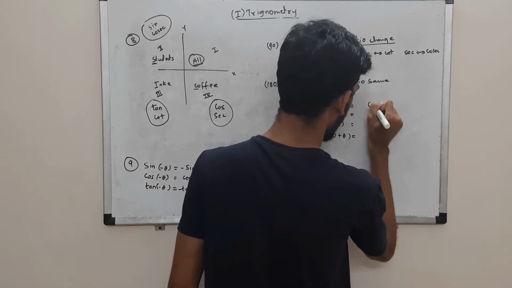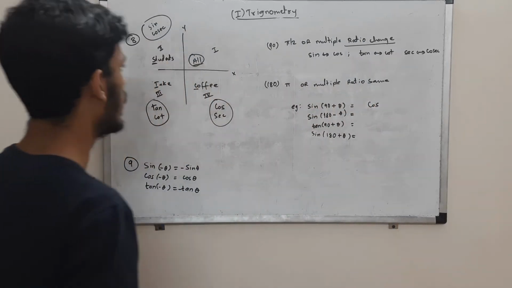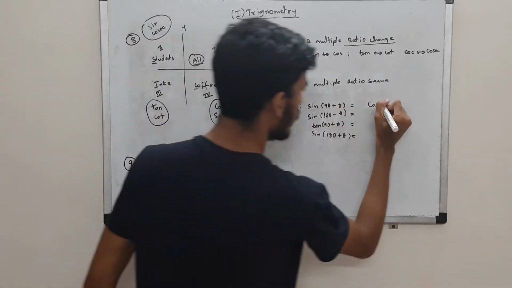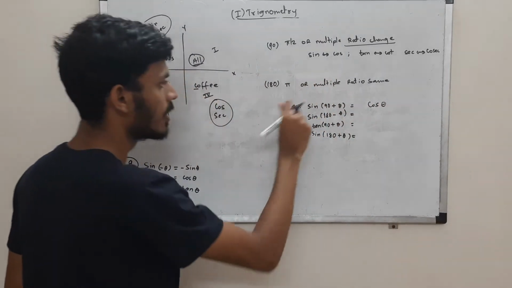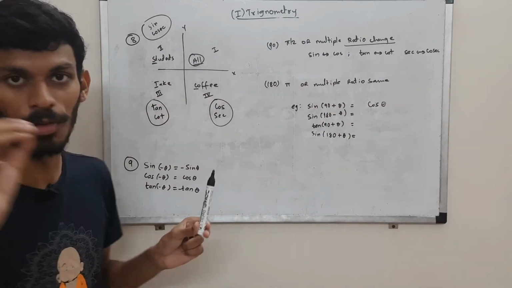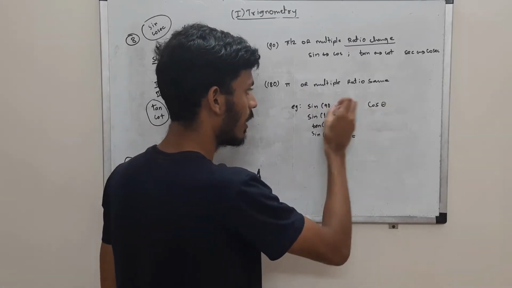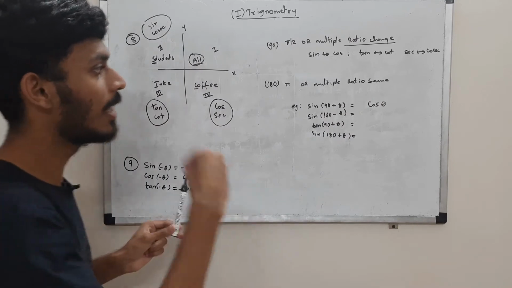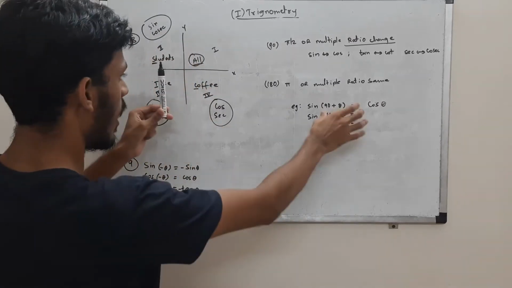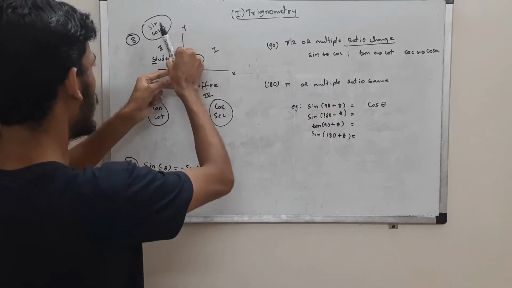Now in the cos, you can simply write theta. You just have to look for the sign. Basically you replace sine by cos, simply write theta, and then look for the sign of sine. As I said, 90 plus theta will be in the second quadrant.